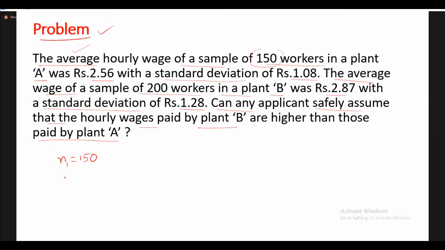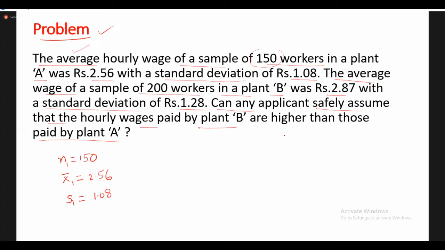The first random sample mean is denoted by x1 bar, that is 2.56, with standard deviation. That means s1 is the first random sample standard deviation, 1.08.